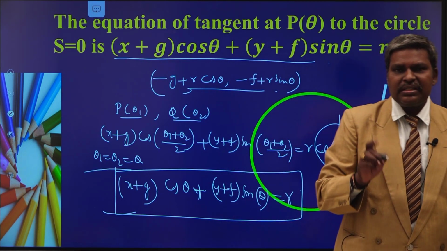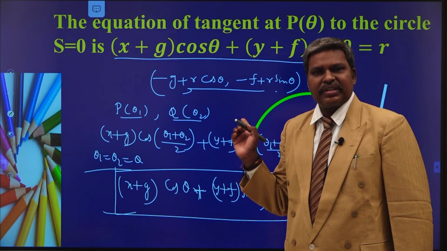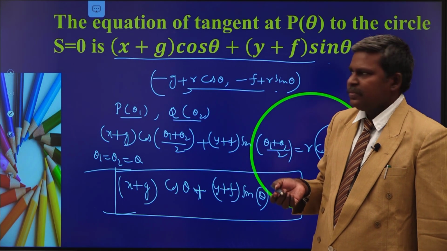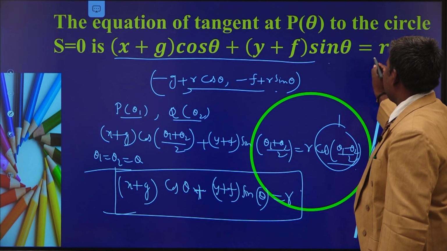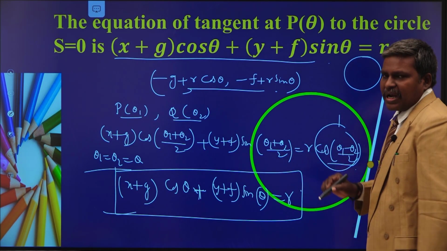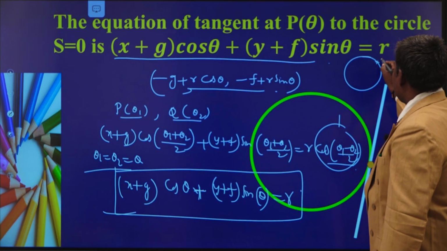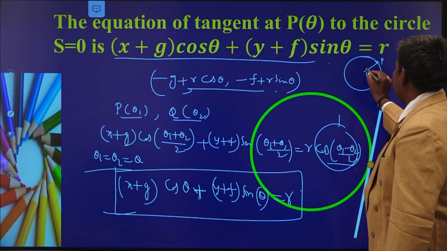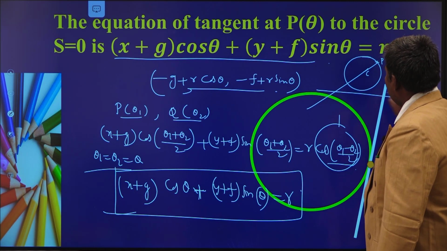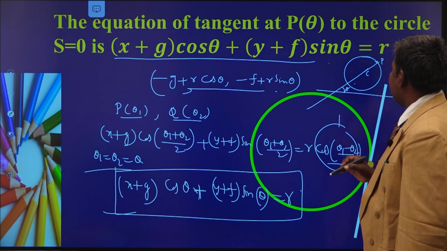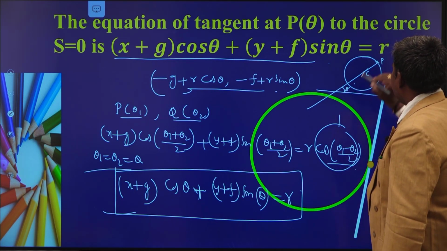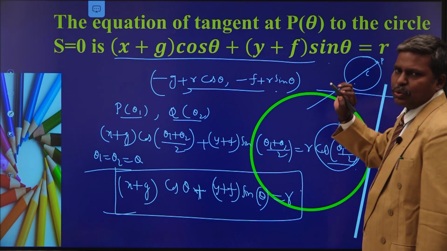My dear students, here theta is not the inclination of the tangent, it is the parametric point. Already we have seen what the parametric equations are and how to obtain them. Suppose your point is here, this is C, CP is produced. If that line makes an angle theta with the positive direction of x-axis, the corresponding theta lies between 0 to 2 pi.